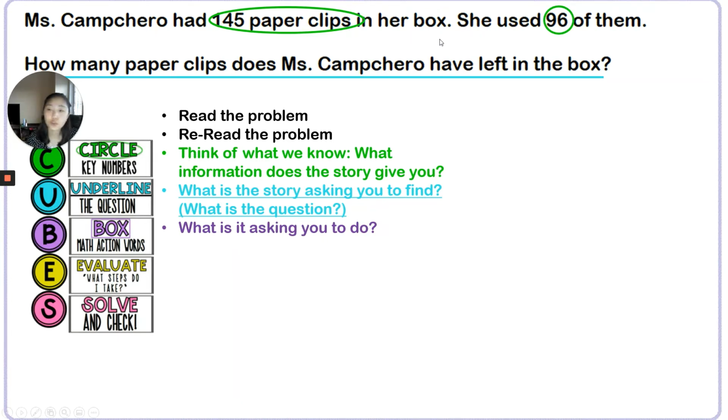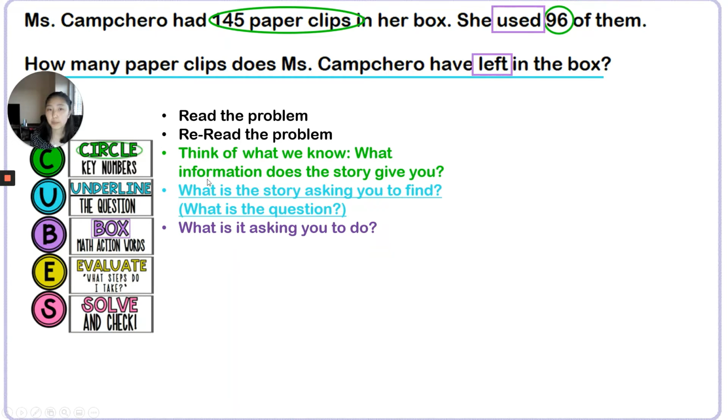That's just telling you she has paper clips in her box. She could have put more paper clips in, taken paper clips out, dropped them on the floor. But this next part really tells you what she did with them. She used 96 of them. So this is a big part. Right there. And my paper looks just like that. Your paper should too.